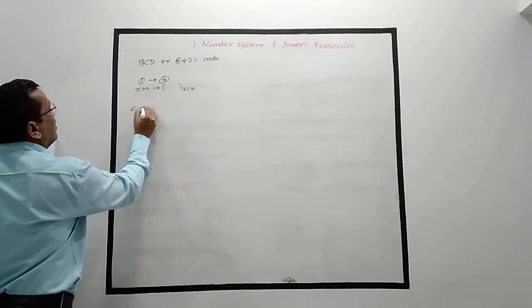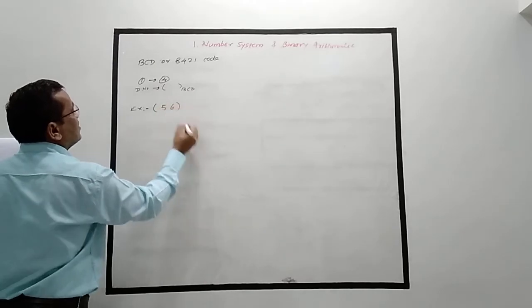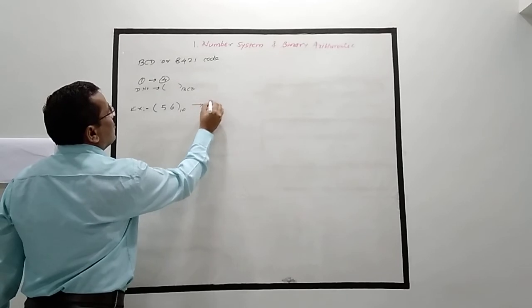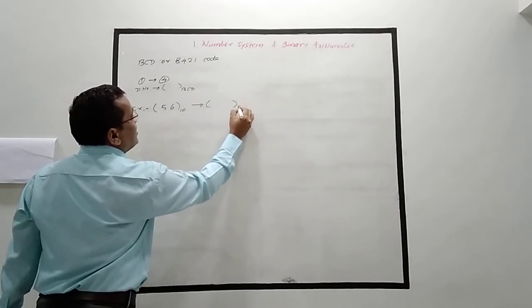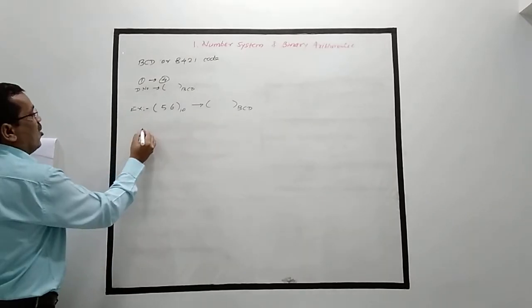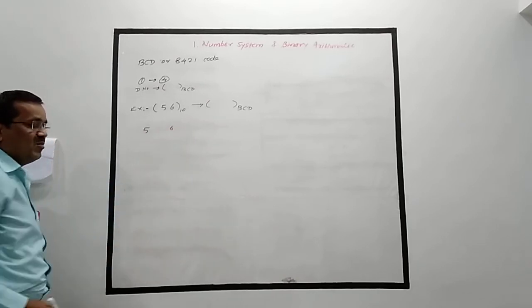Suppose the decimal number 56 is to be converted into BCD. Now write the decimal number in splitting form: 5 and 6.